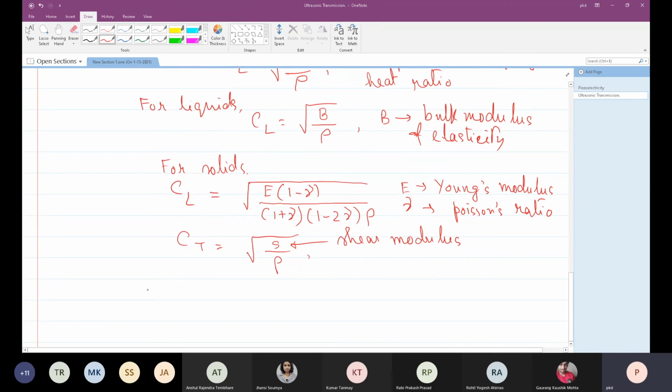We have already defined acoustic impedance before. Here we will talk about specific acoustic impedance.